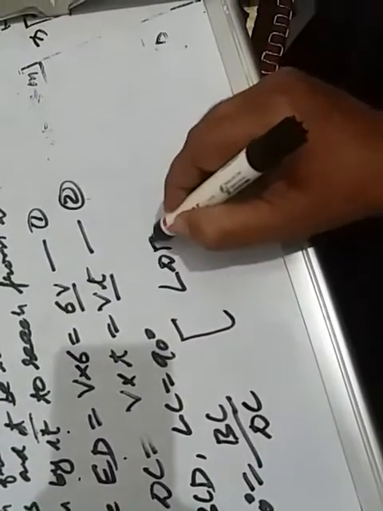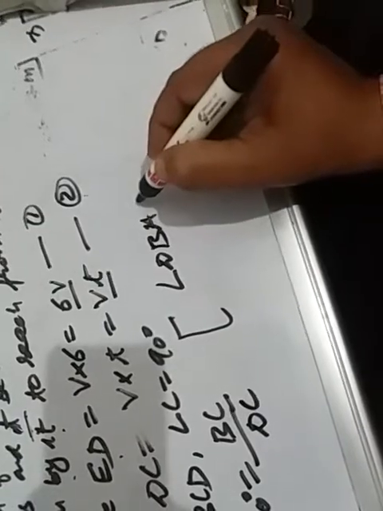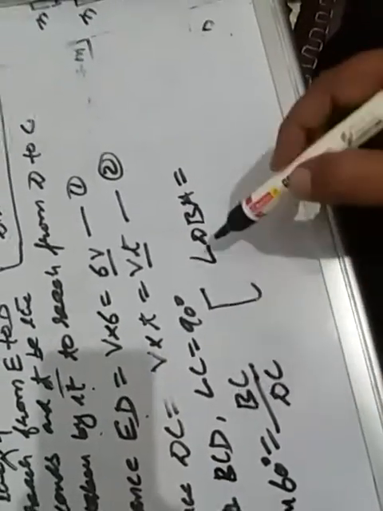Angle DBA is equal to what? Angle DBA equal to angle BDC. Angle BDC equal to 60 degree, that is alternate interior angles. Okay children, write down, angle DBA equal to angle BDC equal to 60 degree, that is alternate interior angles.